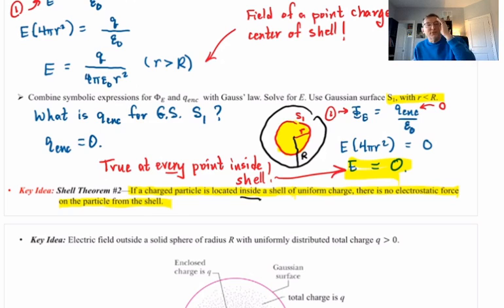All right, now I'm going to use shell theorems 1 and 2 to figure out how to calculate the electric field, both inside and outside, of a solid sphere with charge smeared throughout its entire volume. So now I am imagining a solid sphere, like a bowling ball, if you ignore the finger holes. A solid sphere that has charge spread all throughout its volume evenly.